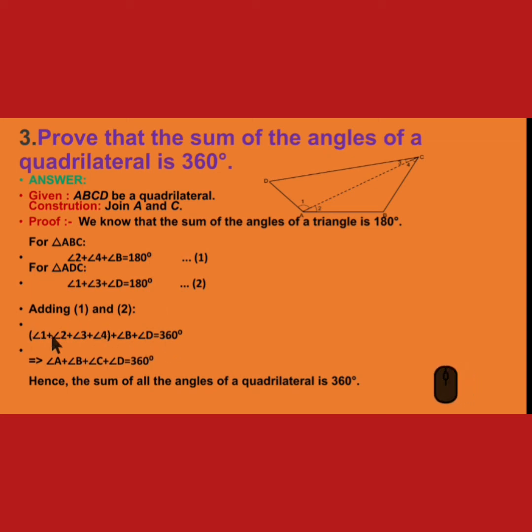Here angle 1 and angle 2 make the full angle A. So in place of angle 1 plus angle 2 we write angle A. Angle 3 and angle 4 make the angle C. So in place of angle 3 and 4 we write angle C. So angle A plus angle B plus angle C plus angle D is 360 degrees. Hence the sum of all the angles of a quadrilateral is 360 degrees.